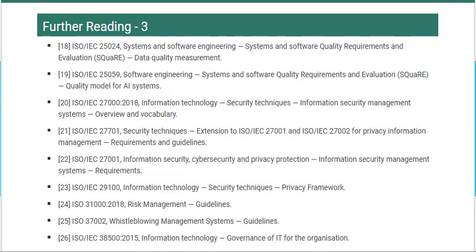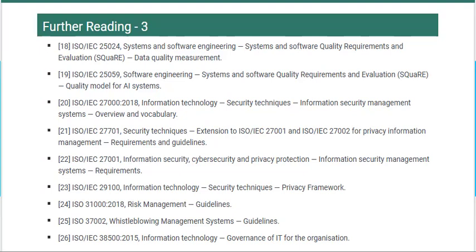ISO/IEC 27000:2018, Information Technology, Security Techniques, Information Security Management Systems, Overview and Vocabulary. 21. ISO/IEC 27701, Security Techniques, Extension to ISO/IEC 27001 and ISO/IEC 27002 for Privacy Information Management, Requirements and Guidelines.